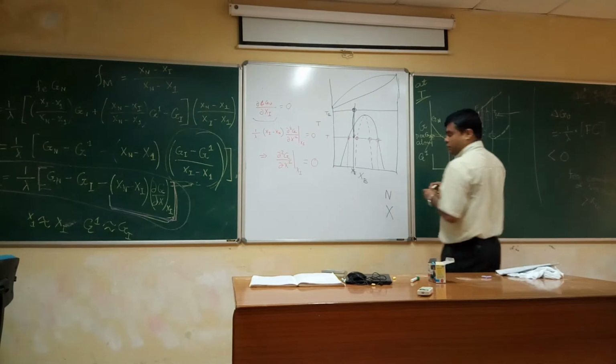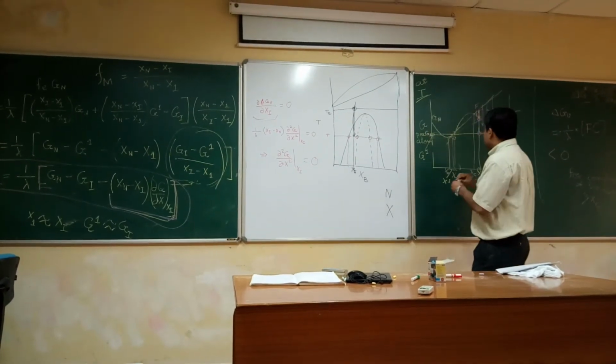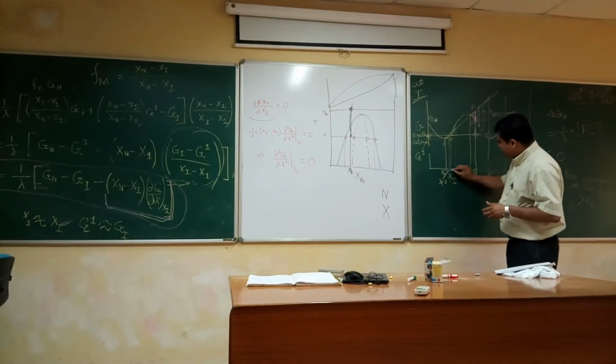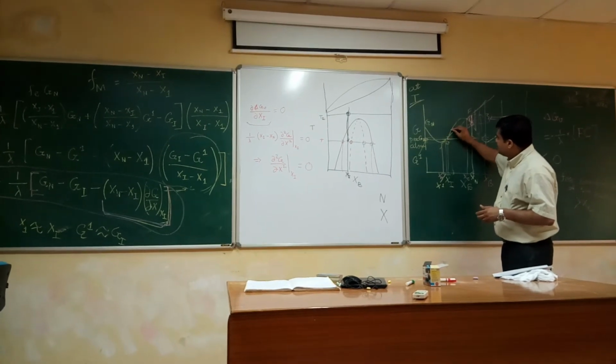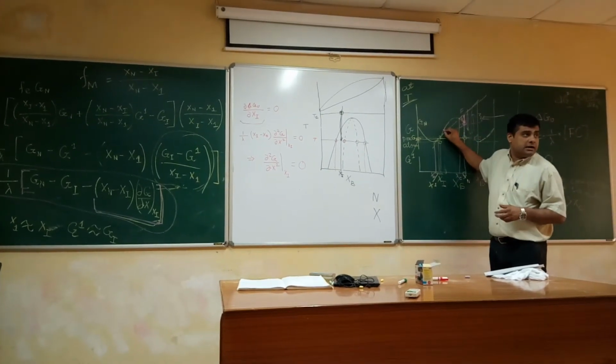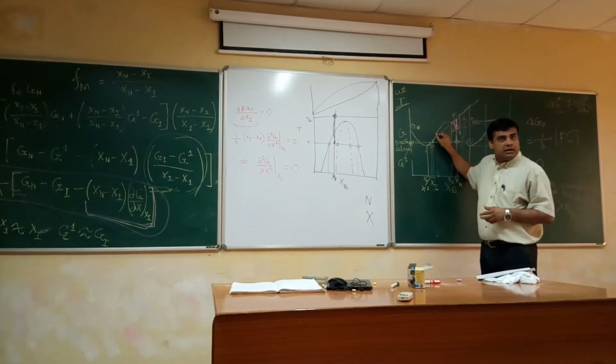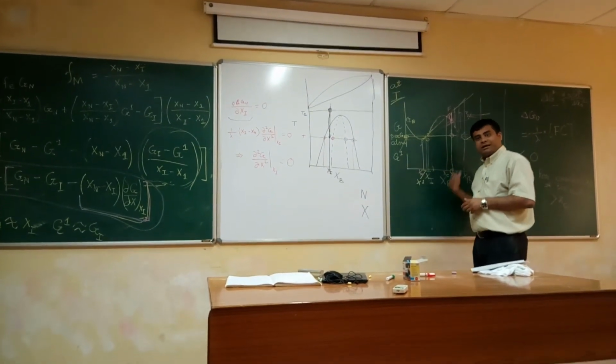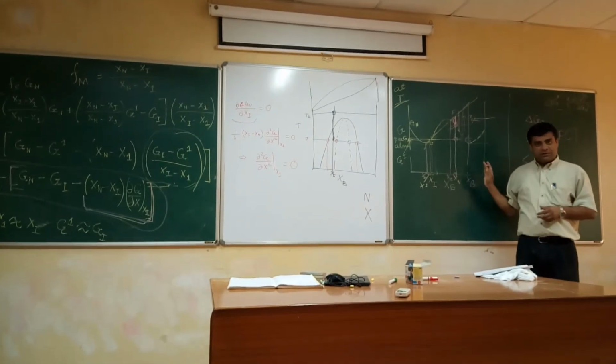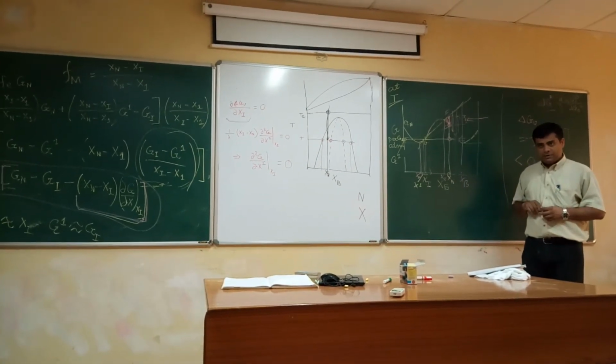So if your alloy composition is at the spinodal composition, that is, if your xi is at the spinodal point, then for a fixed embryo composition your delta GV will be maximum.